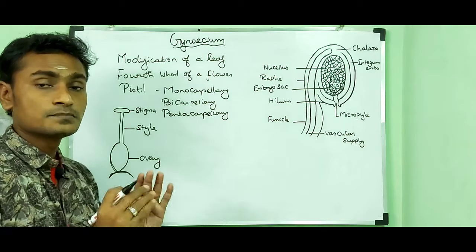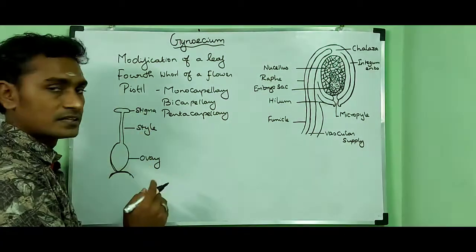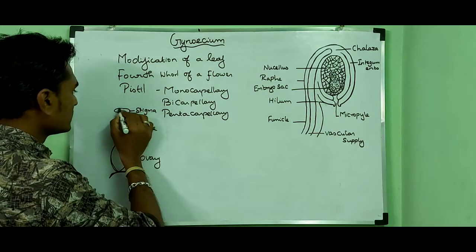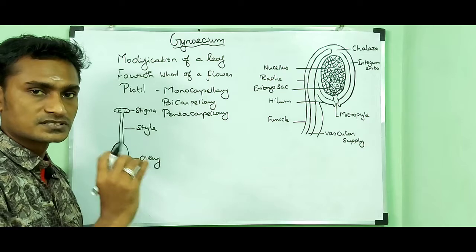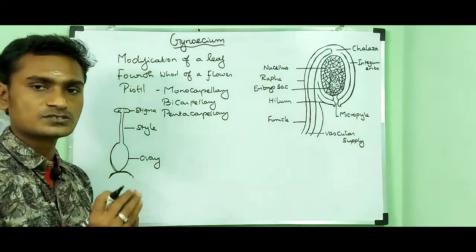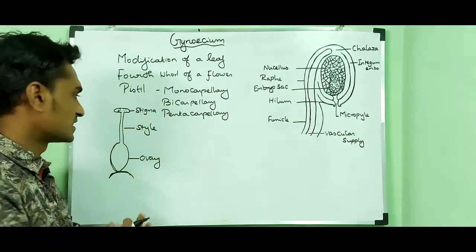Stigma is the receptive organ for the pollen grains. The pollen grains are deposited on the stigma. That is why it is called the receptive organ of pollen grains.